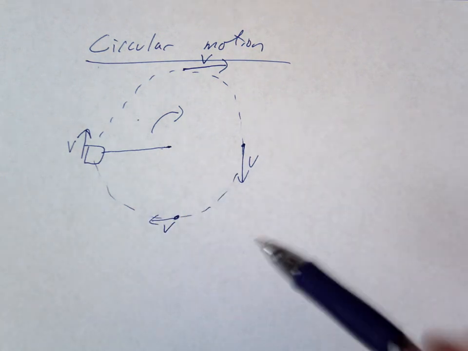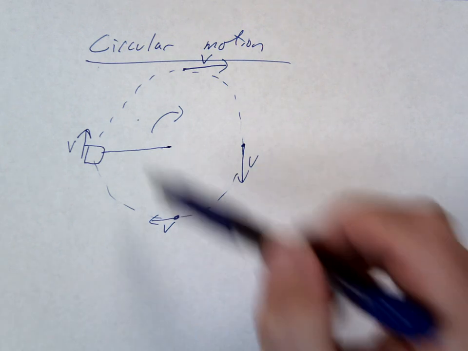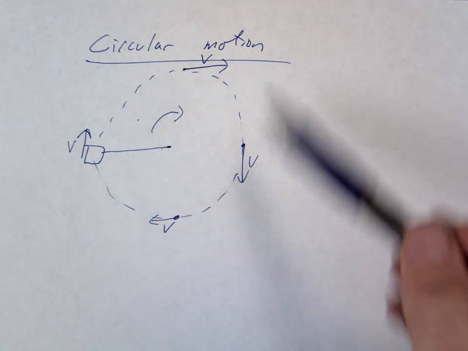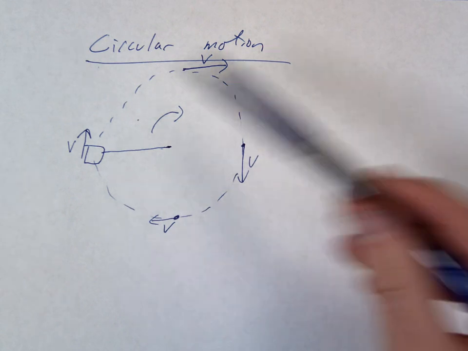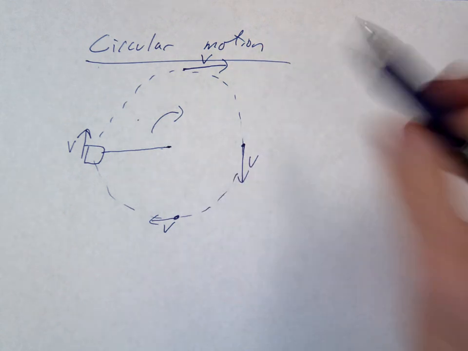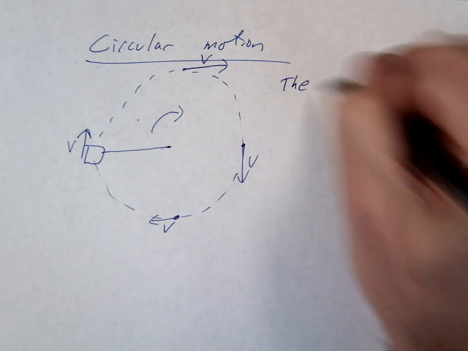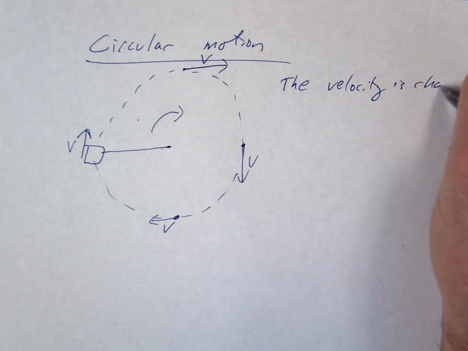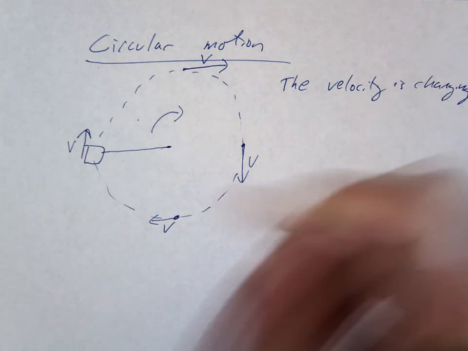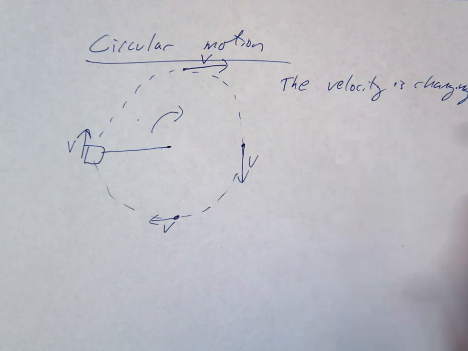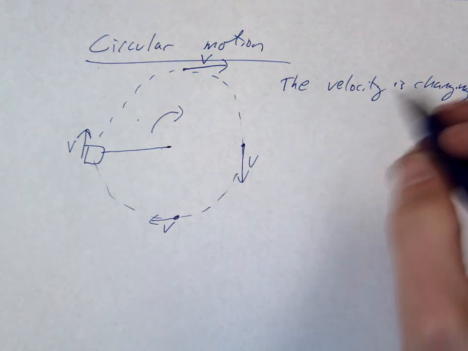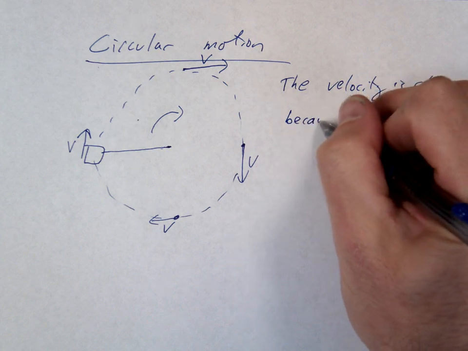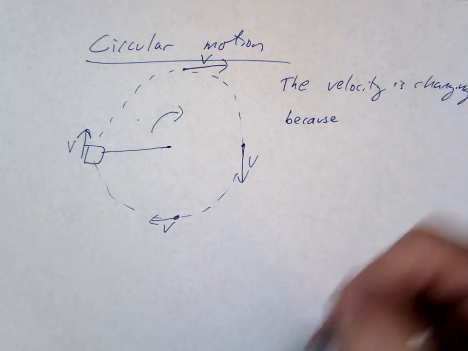So even though it might be moving at a constant speed, what's happening to the velocity? It's changing. Why is the velocity changing? What is velocity? It's not just speed. What else? Nicole? Because there is an acceleration. Okay, but what's changing?